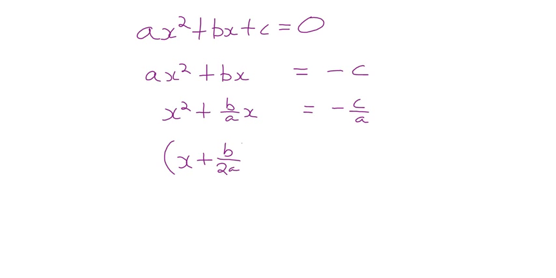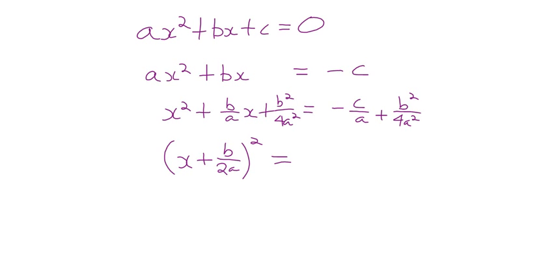This will be 2a, because half of b over a is b over 2a. We then square that, giving us what? And we have to add that to both sides. b over 2a times b over 2a is b squared over 2 times 2 is 4, a times a is a squared.